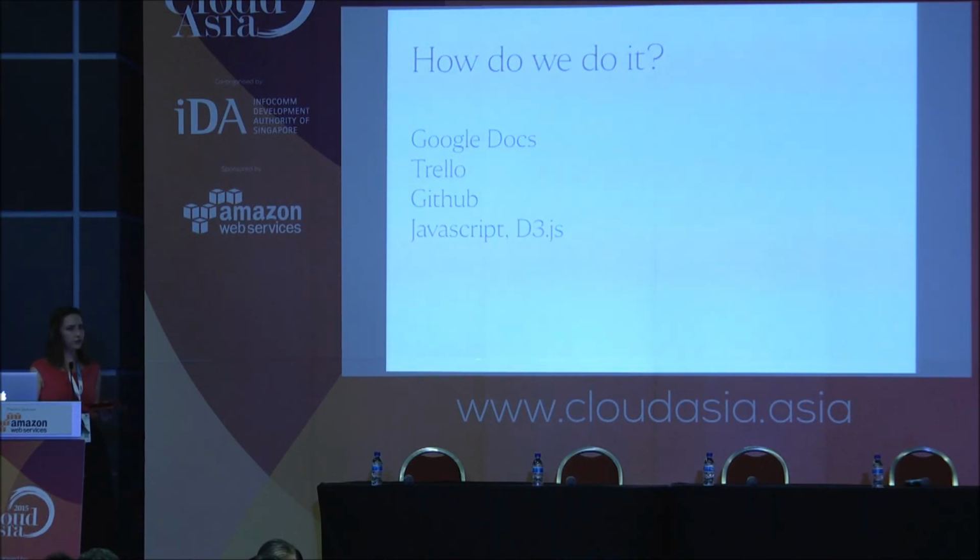We also use Trello to manage our projects and our tasks and to just have some open transparency in between the team. For the technical side, we do use GitHub via a software called SourceTree to collaborate on the code. And then, of course, for the animations you might have seen, we use a library called d3.js.